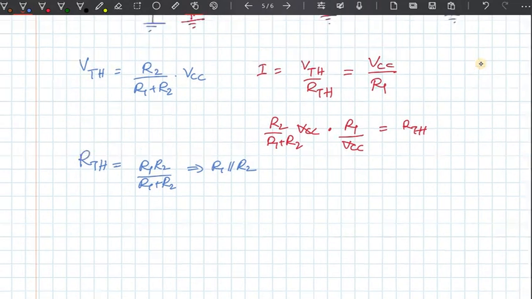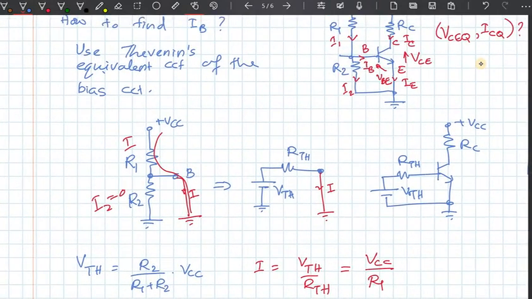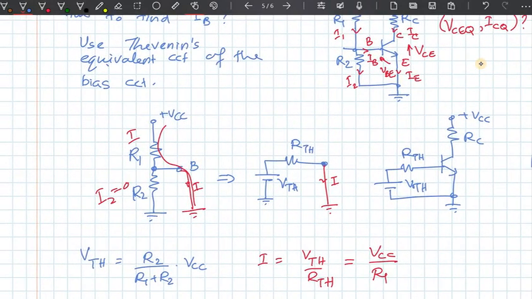Now once you have the Thevenin's equivalent circuit, it is not that hard to find the quantities in our circuit. So how do we do it? First we'll find IB, the current through the base. To find IB, I can apply the Kirchhoff's voltage law in the base emitter circuit.